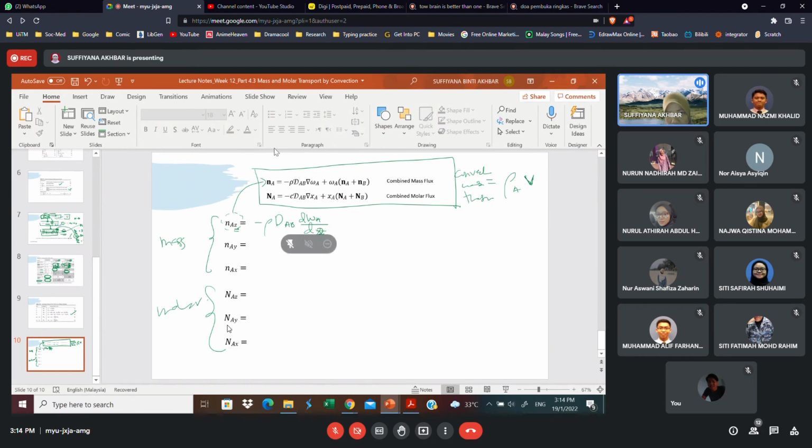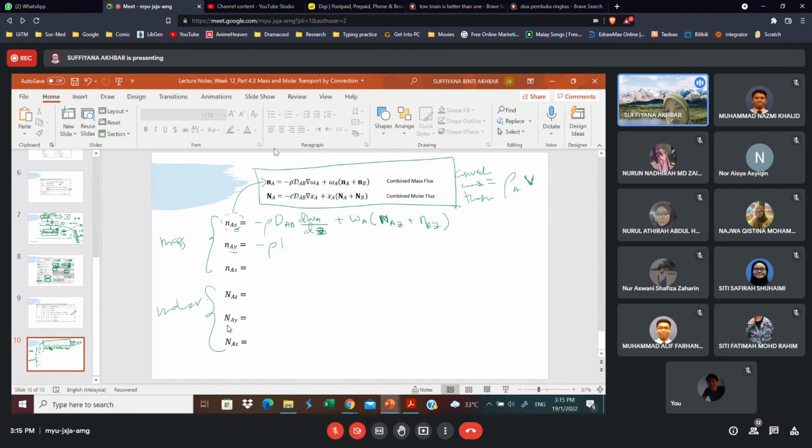So this is Z. Okay, and then plus omega A, NAZ plus NBZ. Second one, component A diffuse in the positive Y direction.